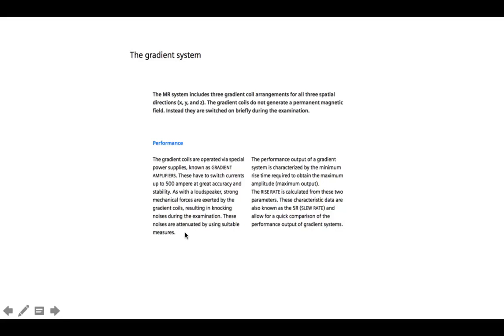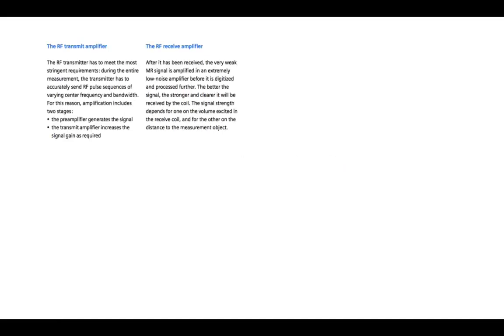And that's why you hear these loud knocking sounds during an MRI. The ones that you hear have actually already been attenuated, but they're still present. So it's actually not things in your brain knocking around, like I've had people ask me in the past. It is mechanical forces causing a banging in the system.